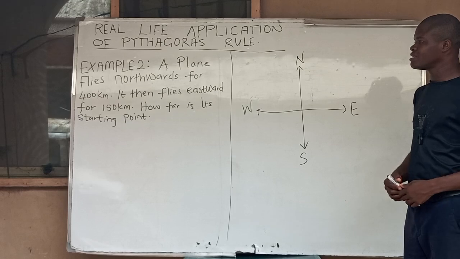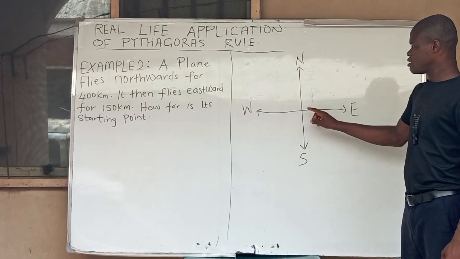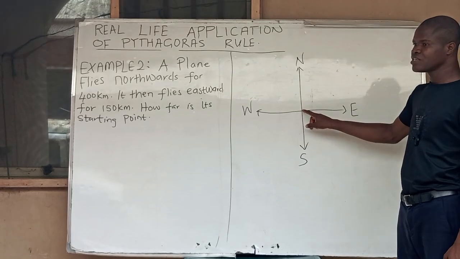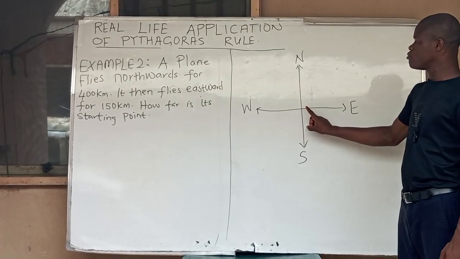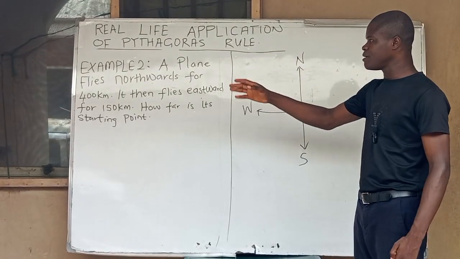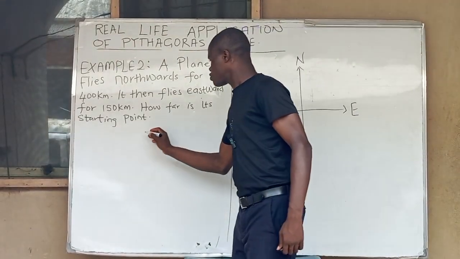So when you hear that a plane flies northward, it means, let's assume this is the starting point, the plane started here at the origin and moved towards this direction because this is north. So the question says a plane flies northward. Definitely, solutions.